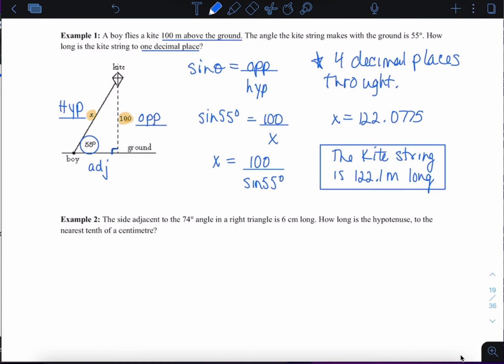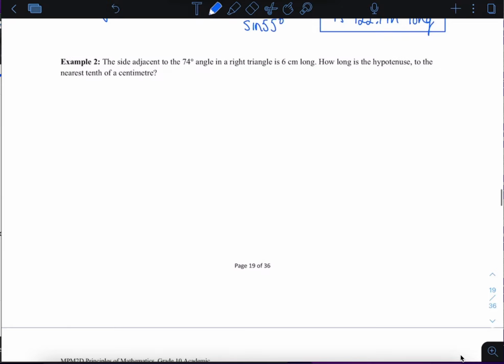Example 2. The side adjacent to the 74-degree angle in a right triangle is 6 centimeters long. How long is the hypotenuse to the nearest tenth of a centimeter? So what I'm going to do is just draw a right triangle, and one that has one angle bigger than the other angles.